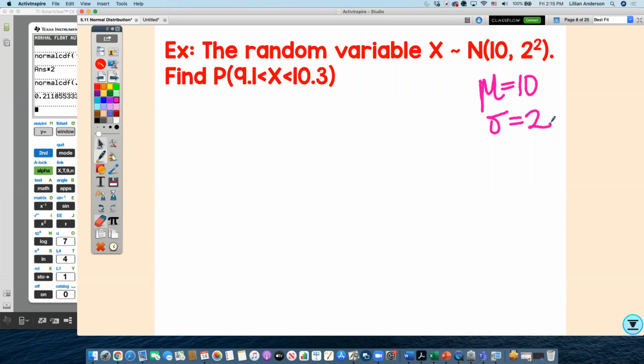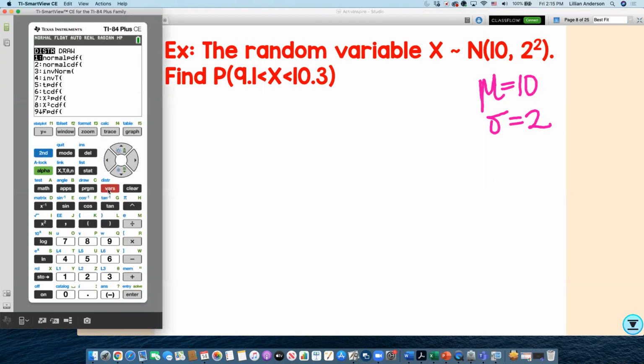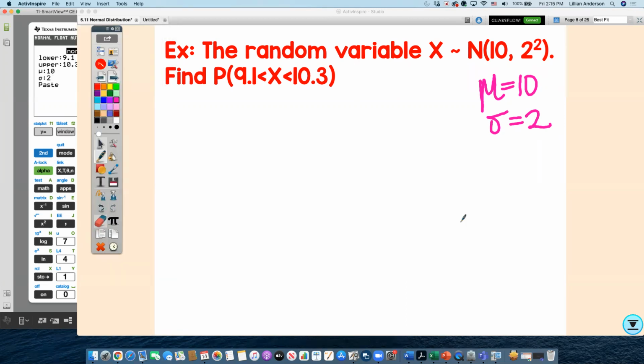Now, you can do this using normal CDF like we've been doing. My lower limit would be 9.1, my upper limit would be 10.3, my mean would be 10, and my standard deviation would be 2. I can literally type that in and get my answer.